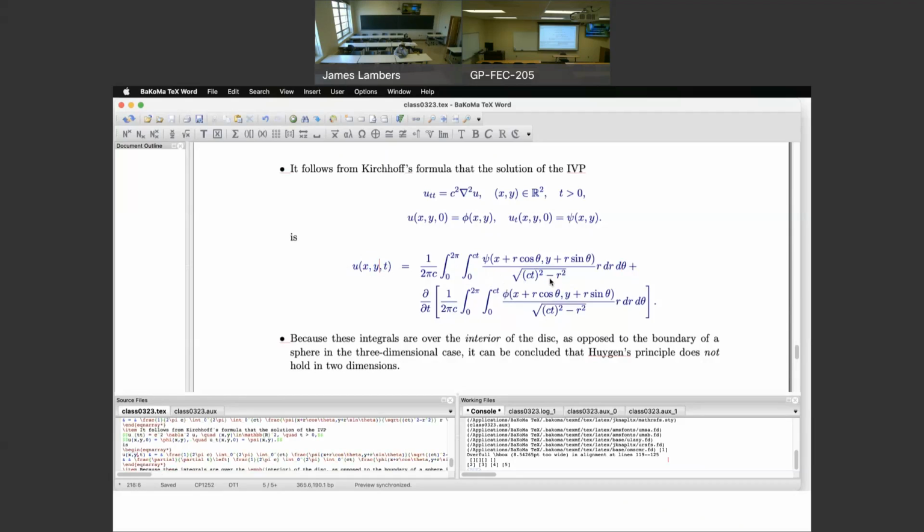Once those disks overlap, the solution at this point will be non-zero. But then as t continues, this disk gets larger and larger. It will always contain the disk where the initial data is non-zero. In other words, it will remain non-zero forever. Unlike 3 dimensions where it's non-zero for a period of time and then goes back to being 0. So this one happens in an even number of dimensions.